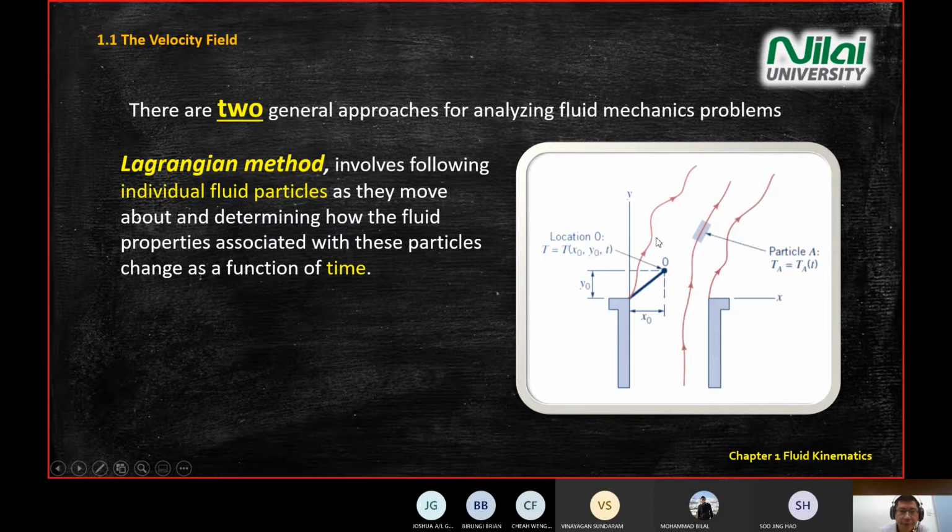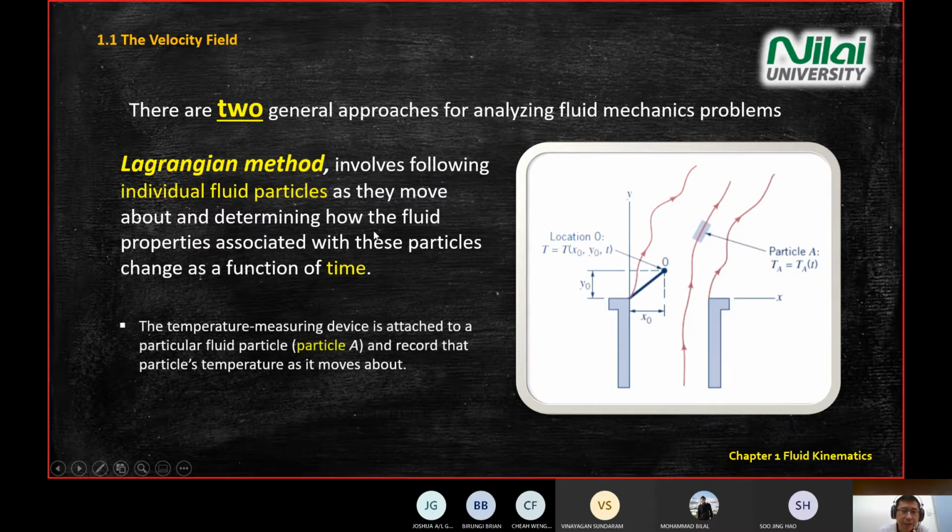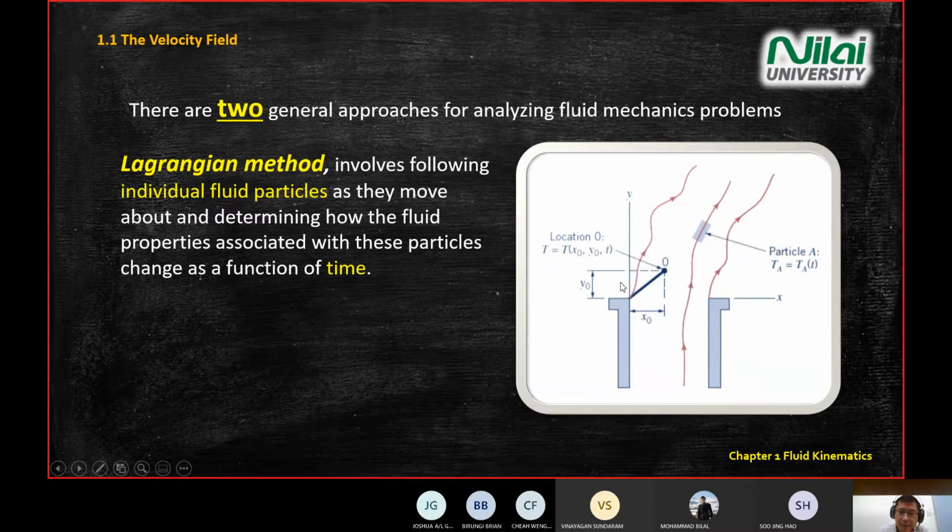So these are the two main methods that we use to analyze fluid mechanics problems. The detailed explanation you can read from the slide later. These are the two main concepts. As long as you understand what is the Eulerian method and what is the Lagrangian method.